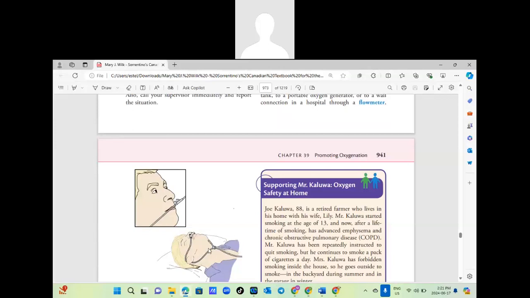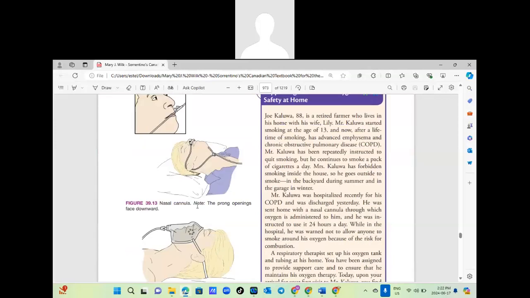The client can eat and talk with the cannula in place. If the prongs are placed too tightly, nasal irritation can occur, as well as pressure on the cheekbones. Okay, over here, this is your cheekbone. Sometimes, trust me, it embeds and leaves an indentation. So let's move on.